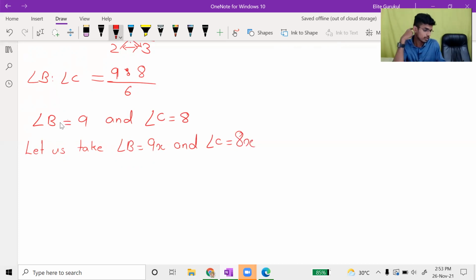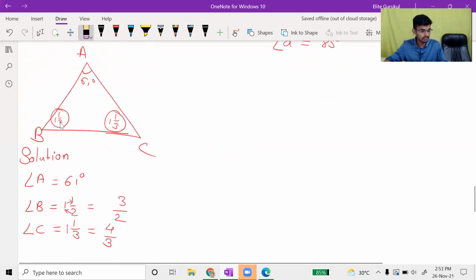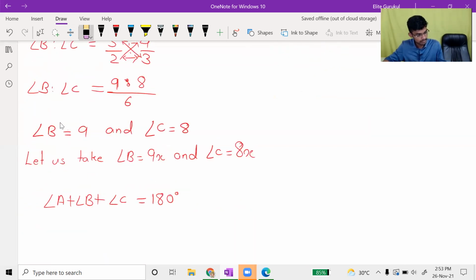We know that the sum of all angles in a triangle is 180 degrees. So angle A plus angle B plus angle C is equal to 180 degrees. What is angle A? 61 degrees.